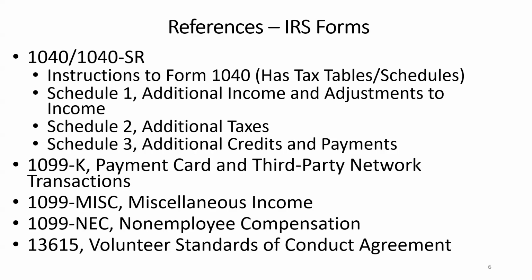Another information return you're going to see a lot of is the 1099-MISC, miscellaneous income, for various things. And again, when they give you that document, it's okay to say, hey, what's this for? Because you want to make sure you enter the income on the right tab in the software. Another one we do see a lot of is the 1099-NEC, non-employee compensation.